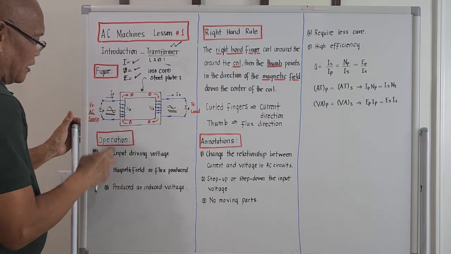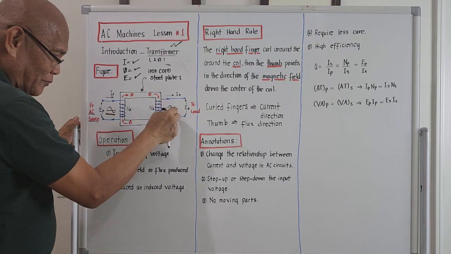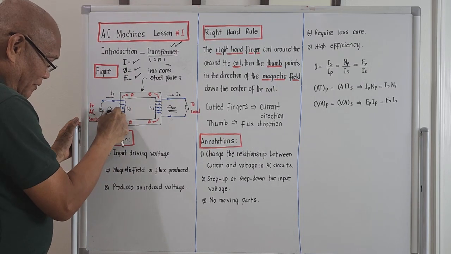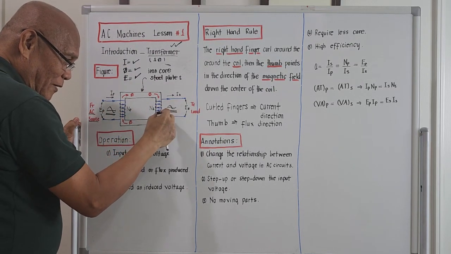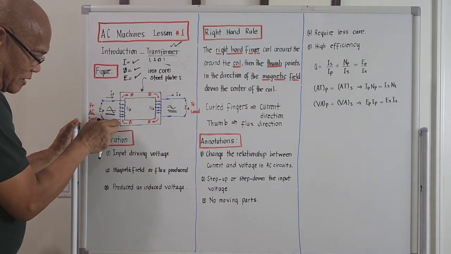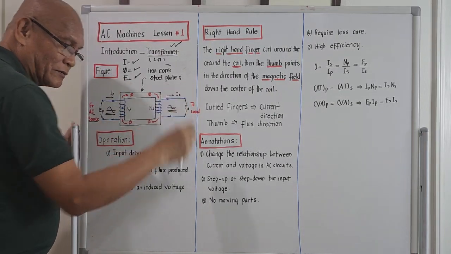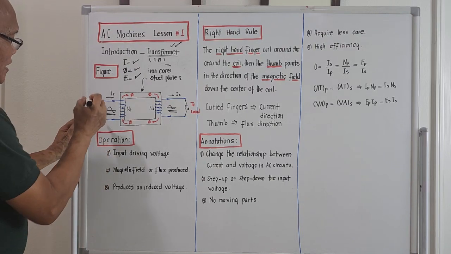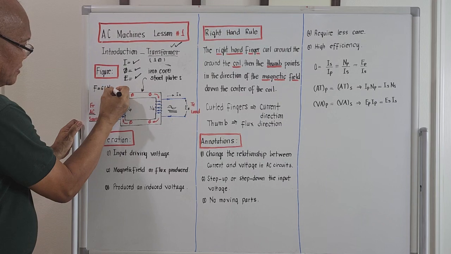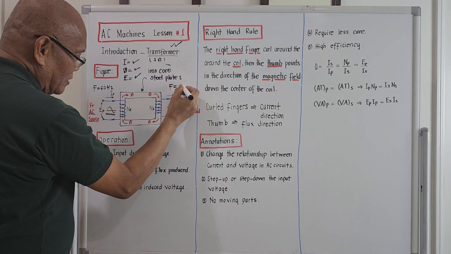It depends: for a step-down transformer, the primary current is bigger and the secondary is smaller; for a step-up, the secondary current should be bigger. But what I mean is that if this is alternating, what comes out on the secondary side will also be alternating. If the frequency on the primary side is 60 Hertz, the frequency on the secondary side will also be 60 Hertz.